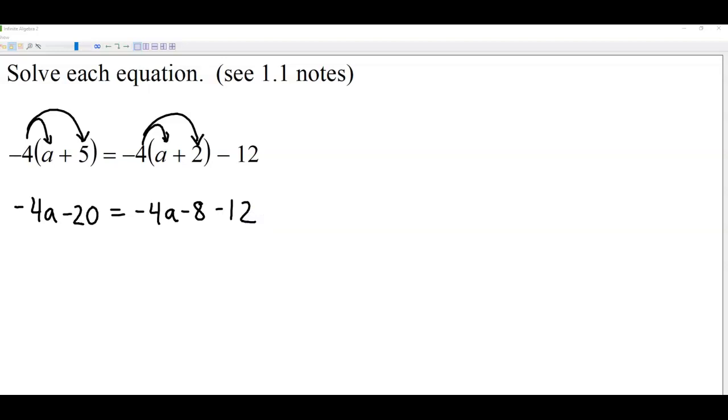Then the next step is to combine like terms. There are no like terms on this side of the equation, but we do have like terms on this side. On this side, there's the 8 and the negative 12. We could put those together. So negative 8 take away 12 is negative 20.